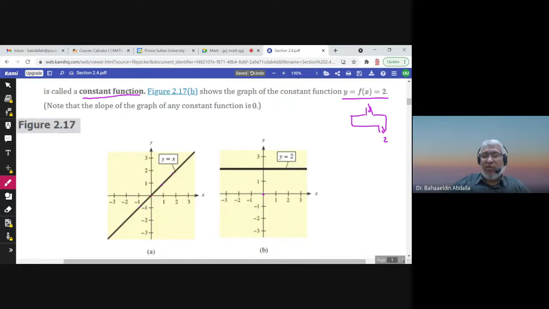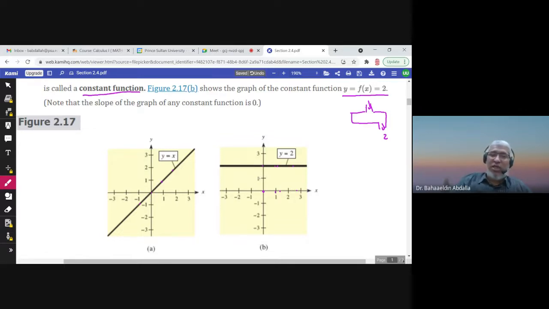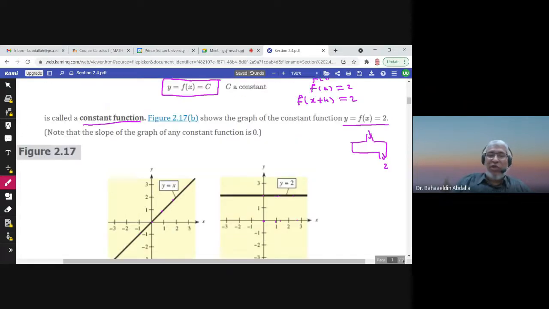If I ask you to find f of 0, you go up, f of 0 is 2, f of 1 is 2, f of 1.1 is 2, f of 2.5 is 2, f of any number is 2, that's the constant function. The slope of the line y equals x is 1. The slope of the horizontal line is 0. The slope of the horizontal line is always 0.